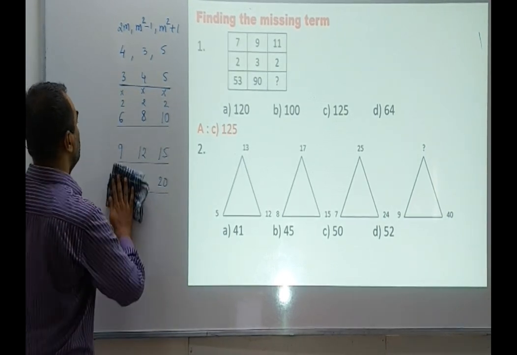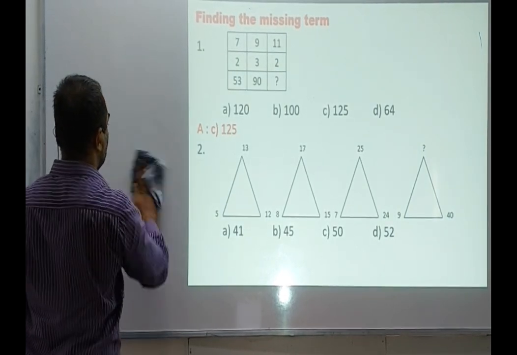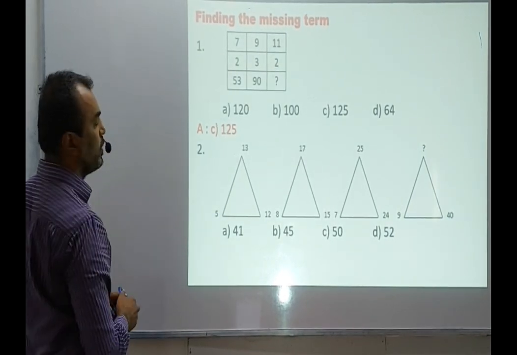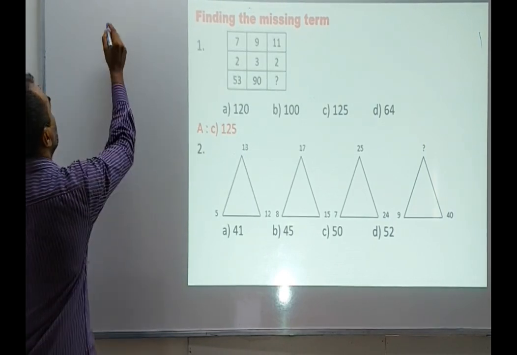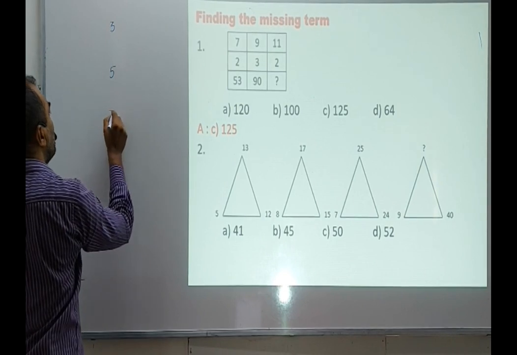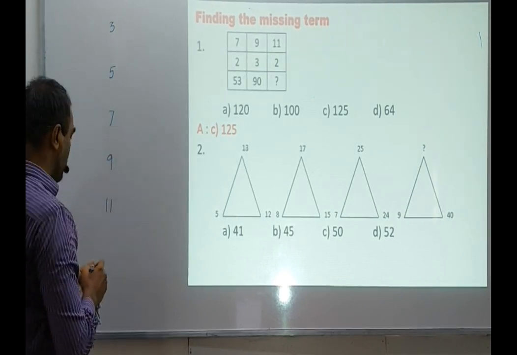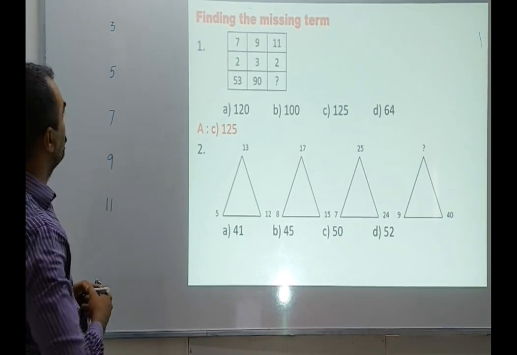Now I want to show you another method to find Pythagorean triplets. I am writing the odd numbers 3, 5, 7, 9, 11. You can continue. These are the odd numbers.